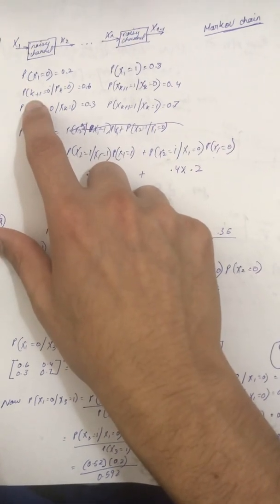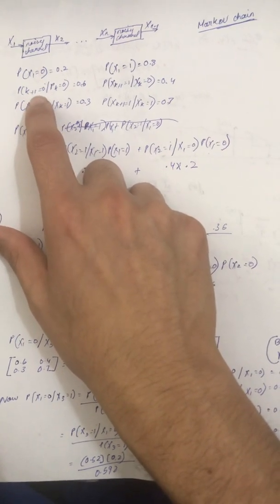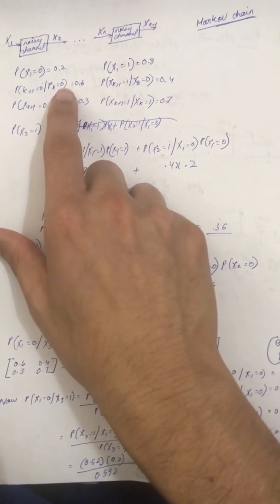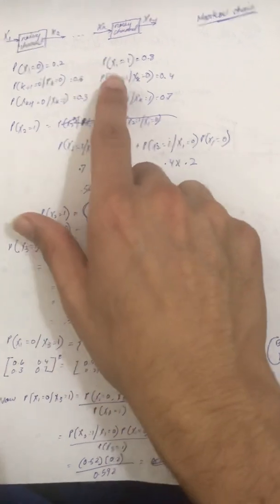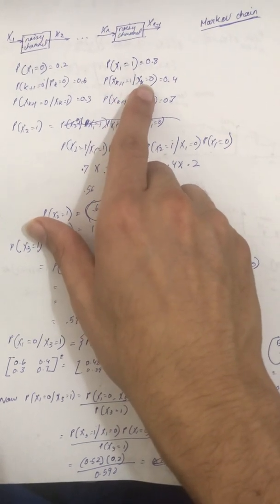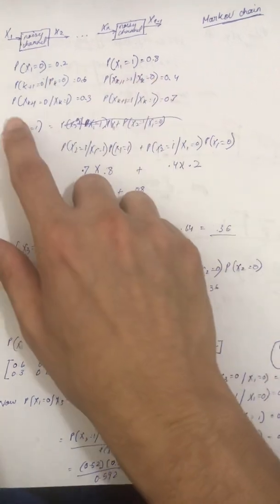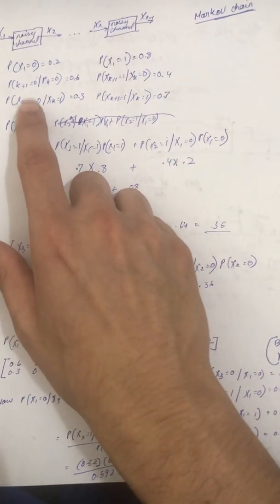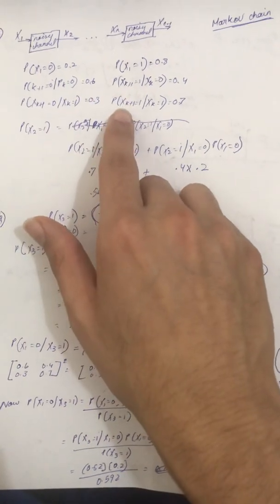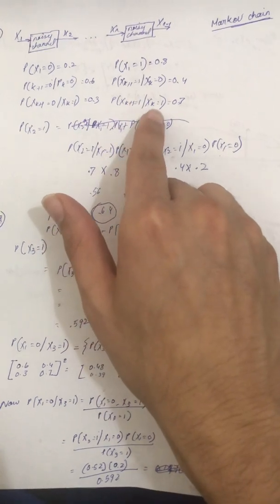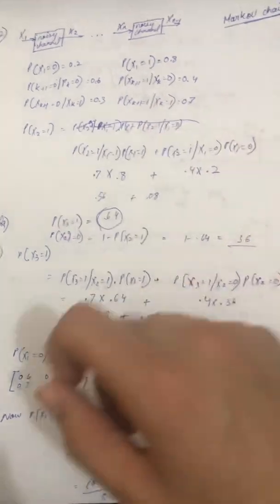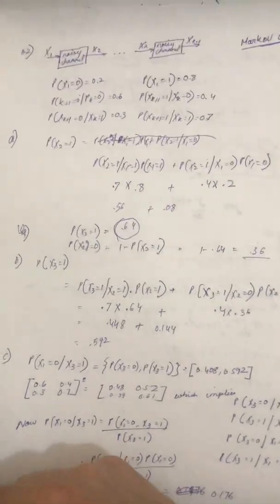The probability of x(k+1) equal to 0 given xk equal to 0 is 0.6, and the probability of x(k+1) equal to 1 given xk equal to 0 is 0.4. The probability of x(k+1) equal to 0 given xk equal to 1 is 0.3, and the probability of x(k+1) equal to 1 given xk equal to 1 is 0.7.